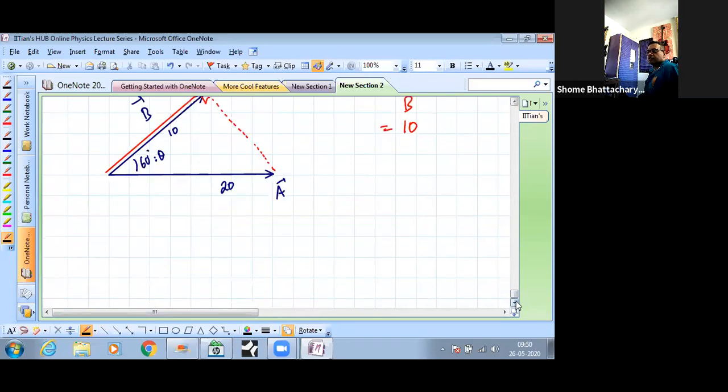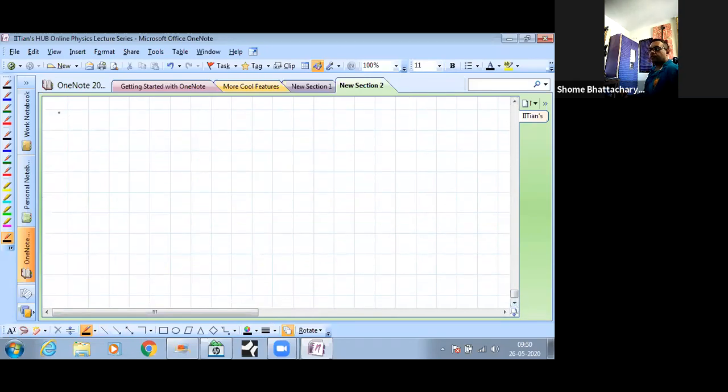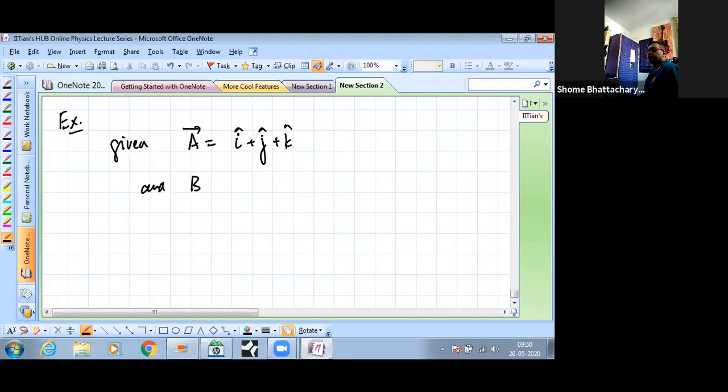Now let's see another example of this, the more important type of example, where the vectors are given in component form. So given vector A is equal to I cap plus J cap plus K cap, and vector B is given as 2I cap plus 2J cap.